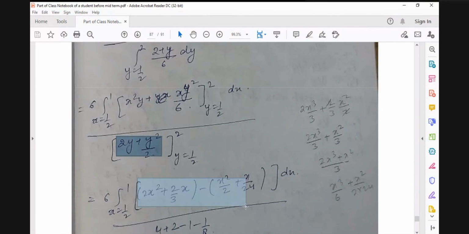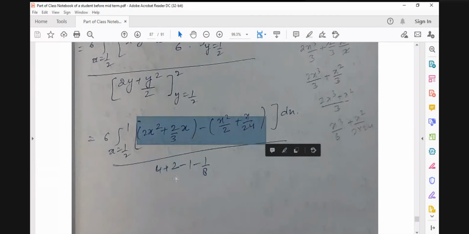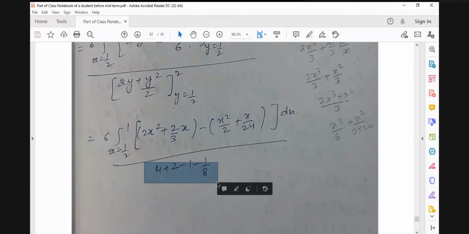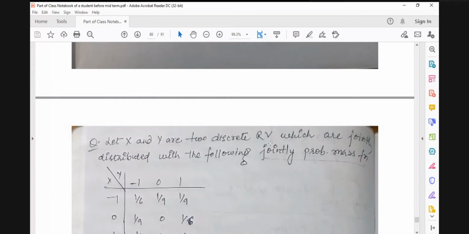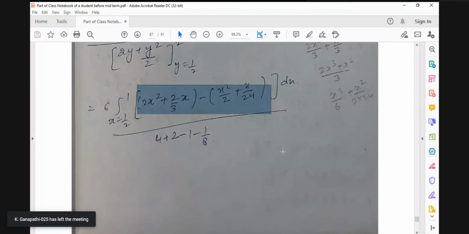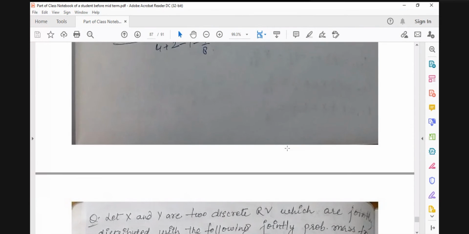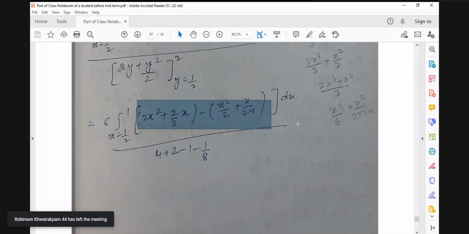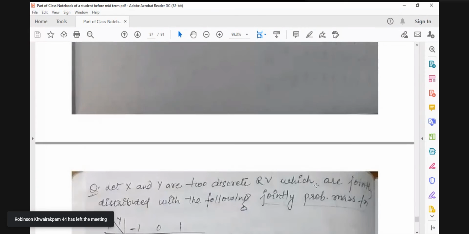After simplification you may get this kind of term. In the denominator you will get this one, and now you have to integrate this with respect to x, and if you integrate with respect to x and then substitute the lower limit and upper limit, you will get the desired probability. So this is the way we can calculate.